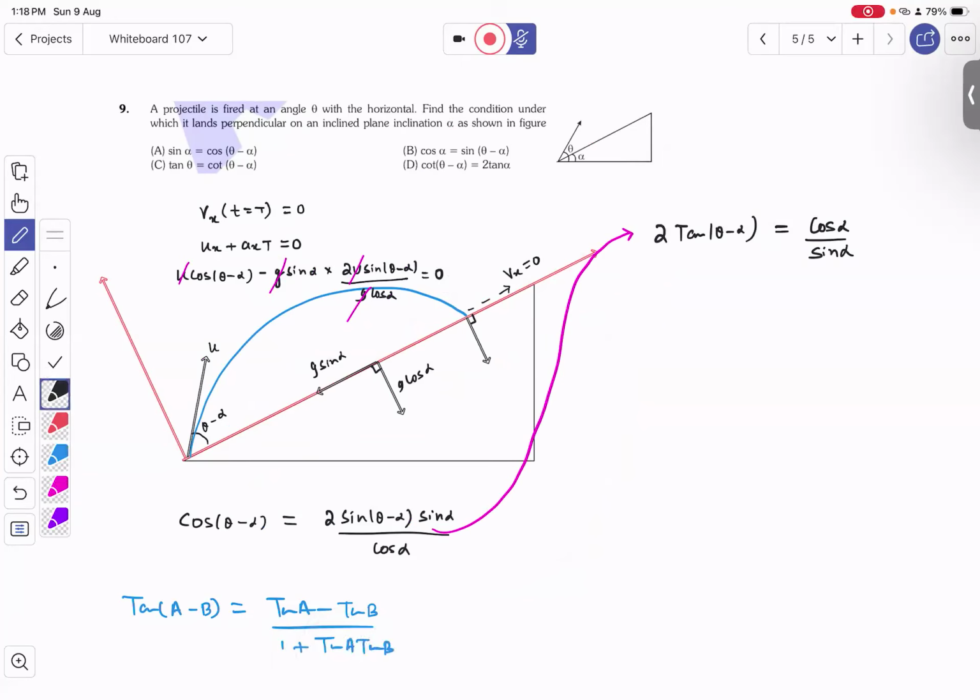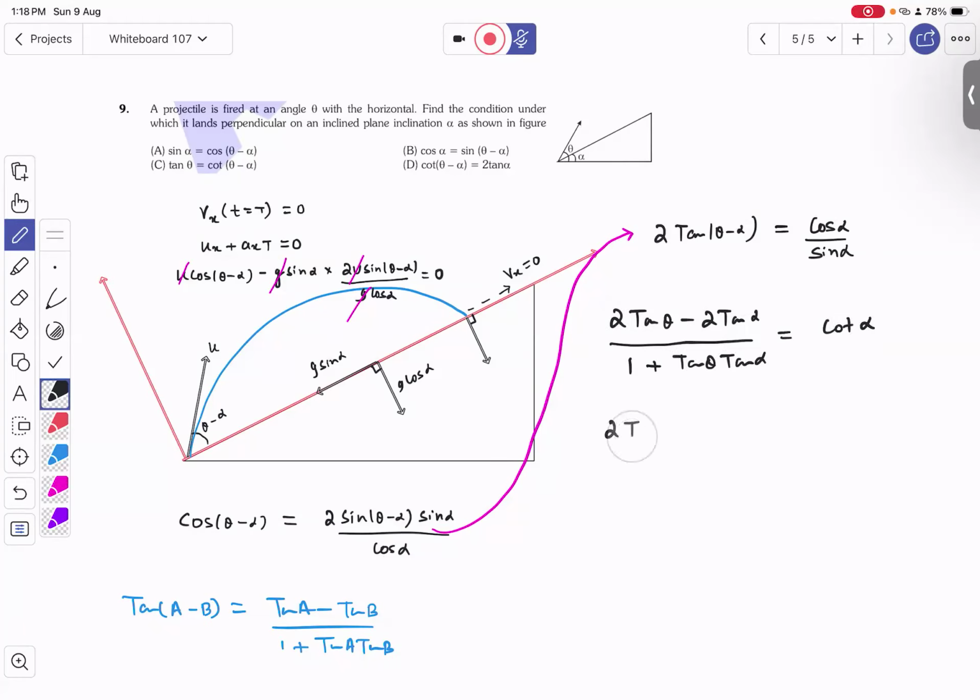So we get 2 tan theta minus 2 tan alpha divided by 1 plus tan theta into tan alpha equals cot alpha.